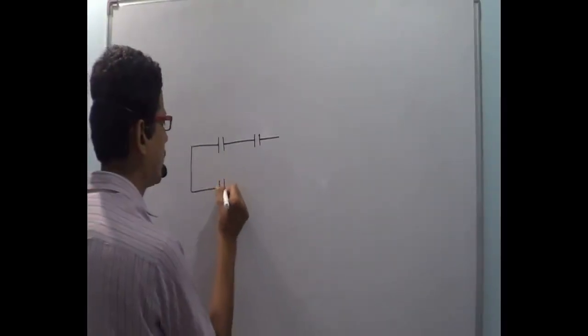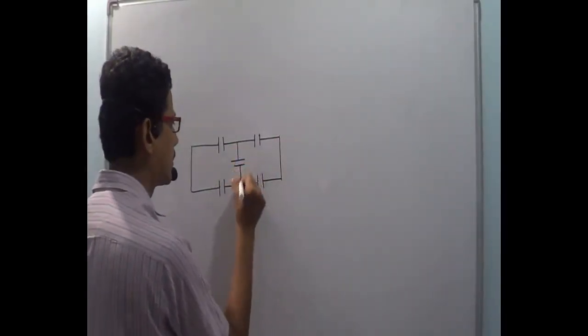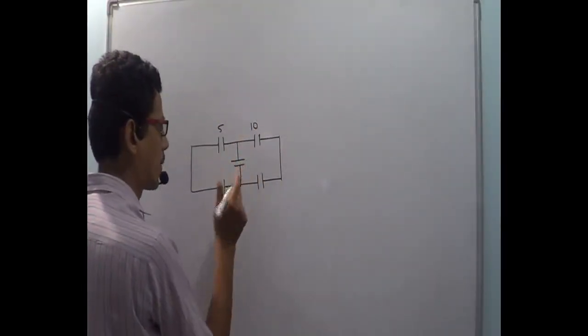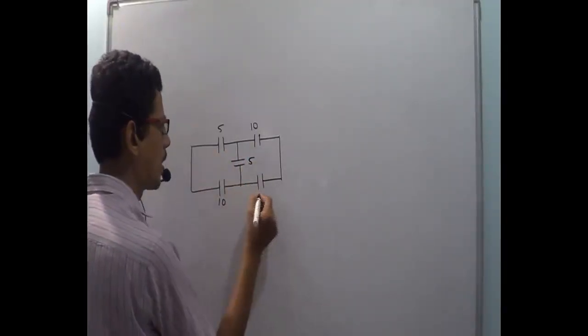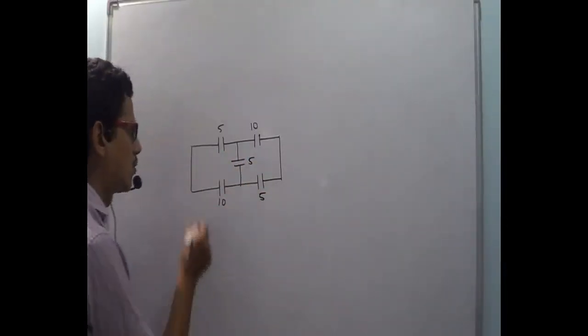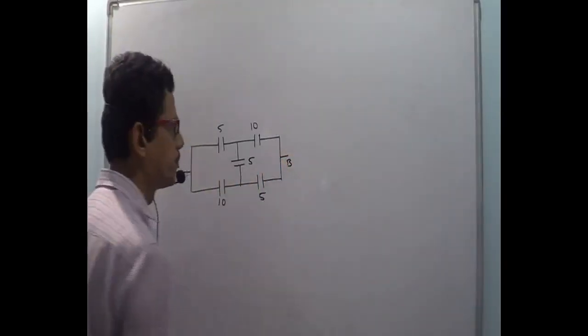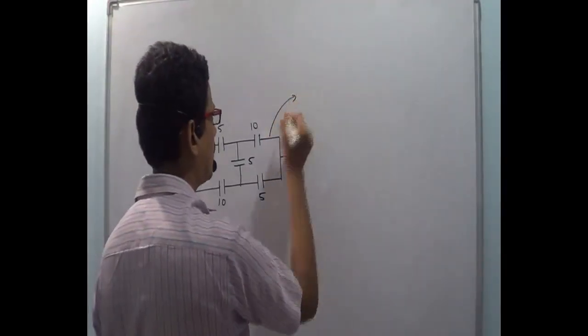How many capacitors do we have? 5 capacitors, and this is not a Wheatstone bridge. You cannot remove the central capacitor, because P by Q is not equal to R by S. This is A and this is B. Now I will draw this like this.